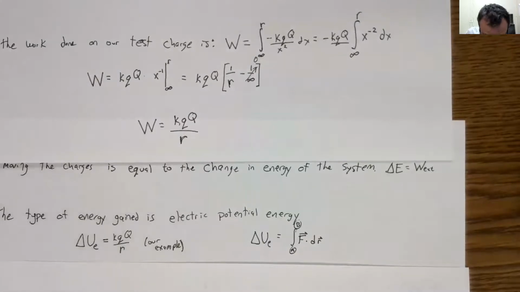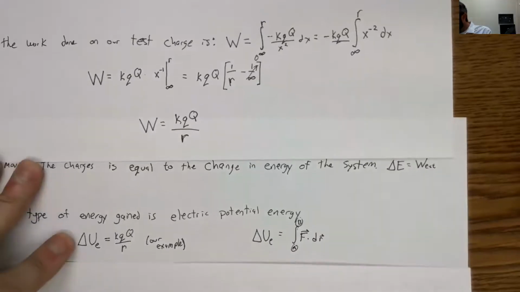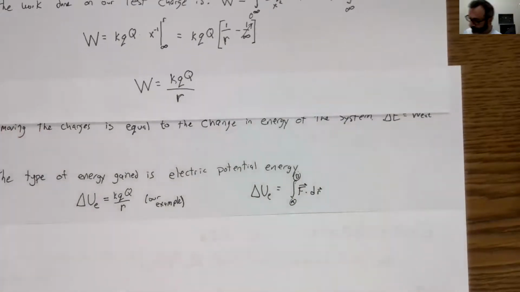But shouldn't the potential be the opposite of work? No, because if we do positive work, then we increase the energy of the system. So the potential energy goes up because now we have more potential, right? When we've done that positive amount of work, we have the potential. If we let go of that test charge, that potential energy is going to quickly turn into kinetic energy as it's pushed away from the source. Okay.